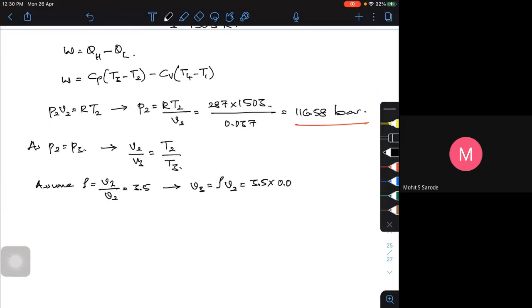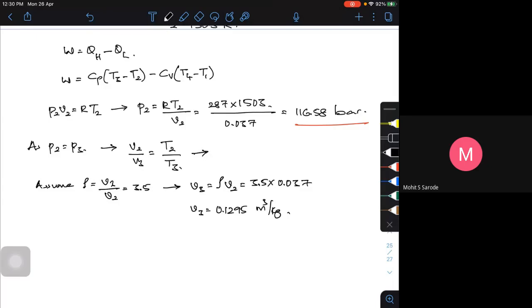So V3 is equal to 0.1295 meter cube per kg. I got V3. So now I can substitute over here and find T3.